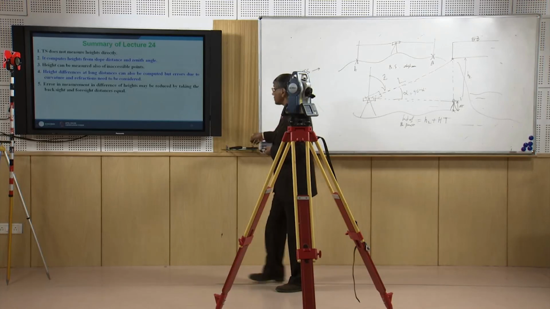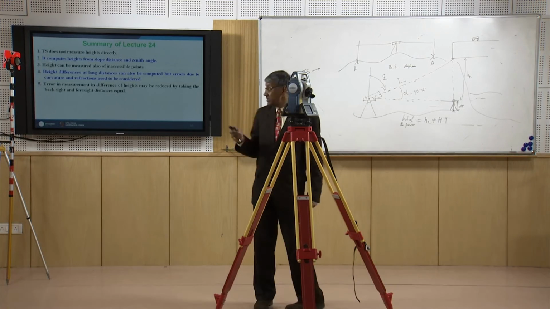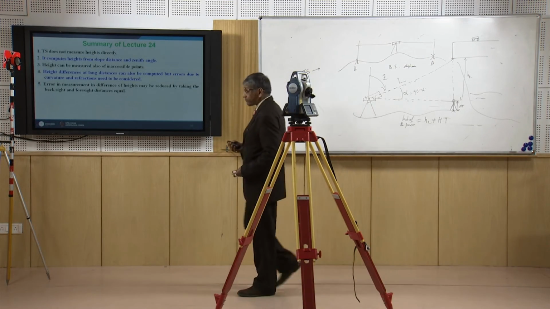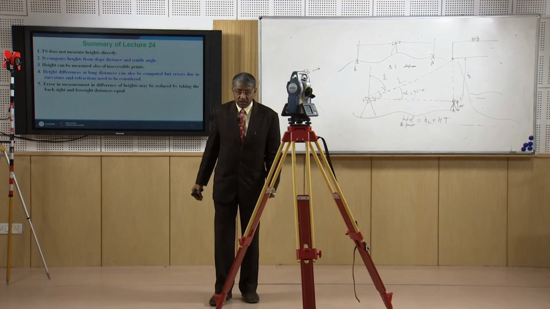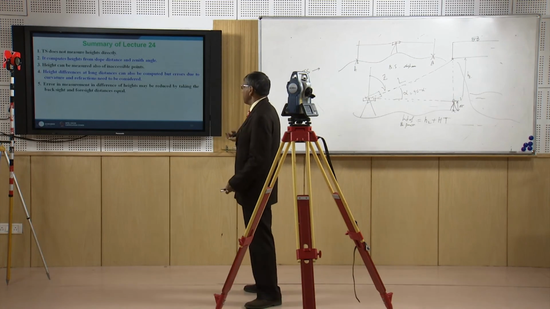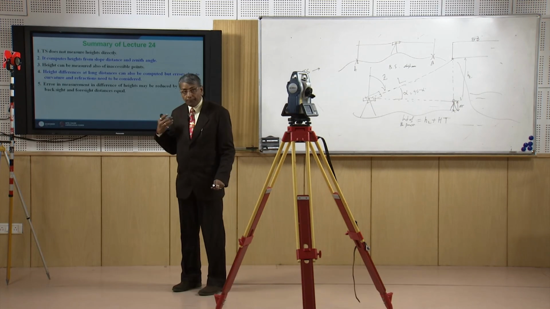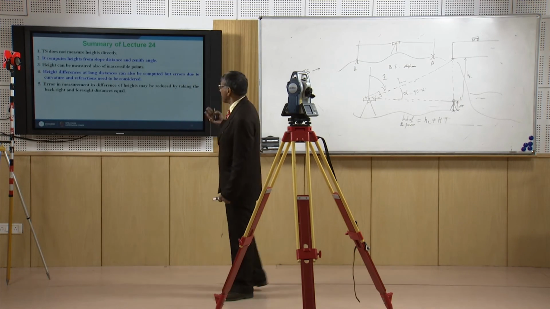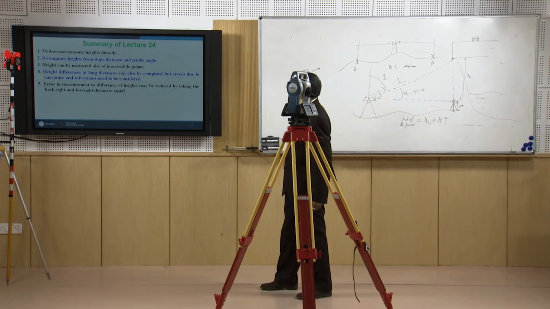With this I would like to conclude today's class. The summary: total station does not measure the heights directly, it computes the height from slope distance and zenith angle.